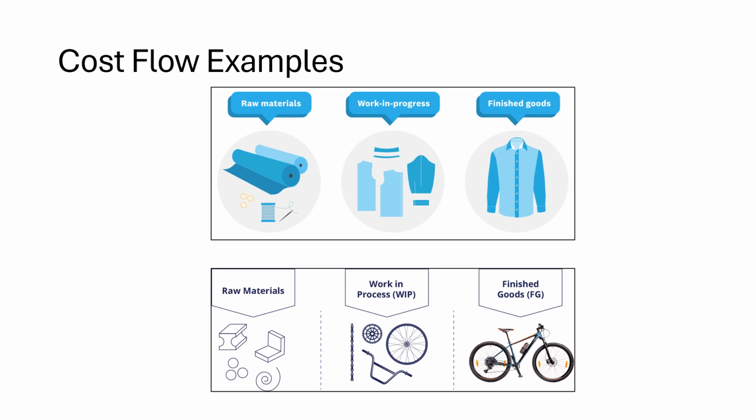These are a couple examples of different products that you can see when they're in the raw material stage, then in the work in process stage, and then finished goods. So that gives you a visualization of what's happening with the products themselves, but that is also happening in the individual accounts.